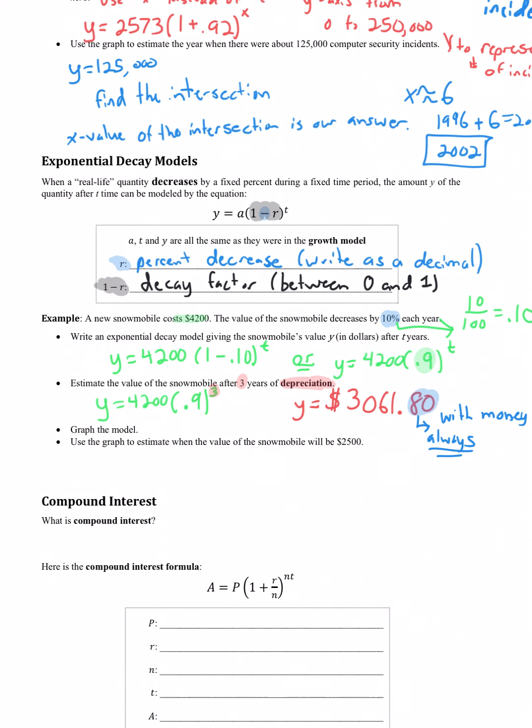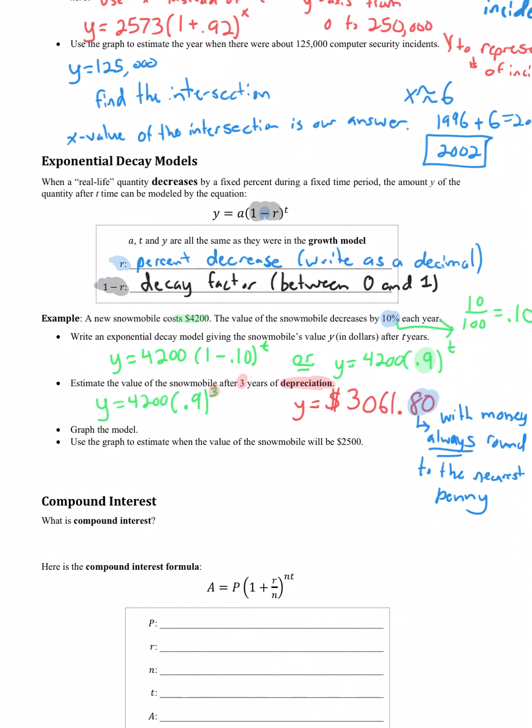Always, always, always round to the nearest penny whenever we're talking about money, even if it doesn't say to. That's the key there. So anytime you're doing money, round to the nearest penny.